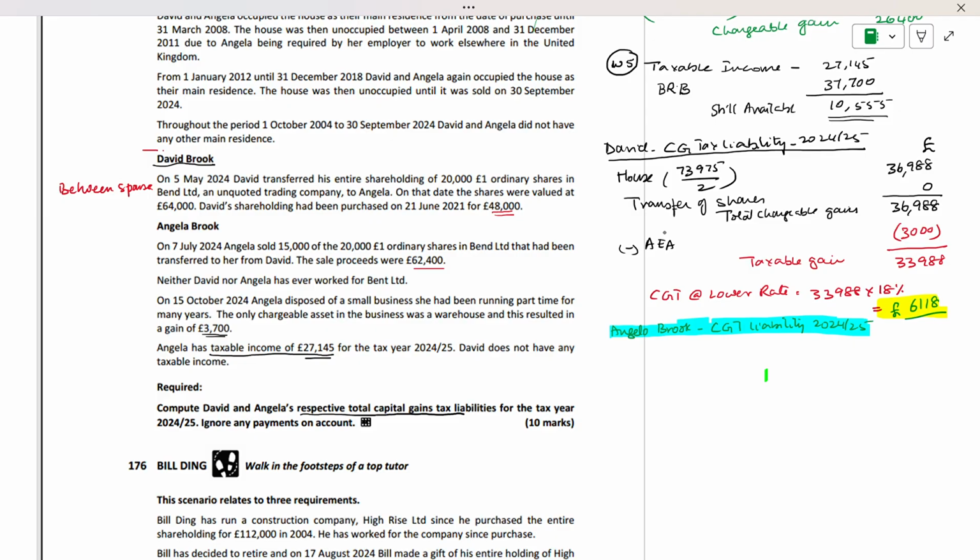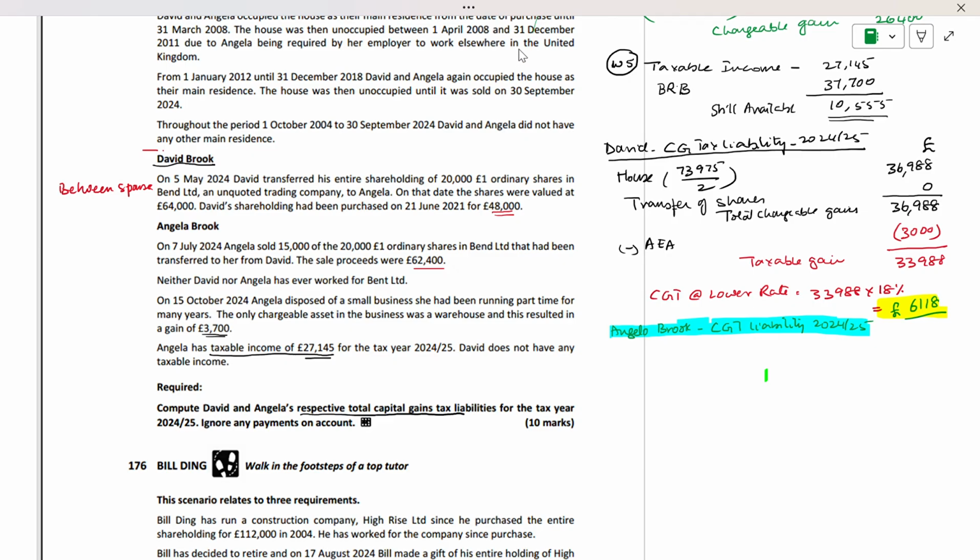She has so many things. Residential property is there. Business is there. She has the shares. Three things are there. What is that business? There is a word, BADR. What does that mean? Business asset disposal relief.